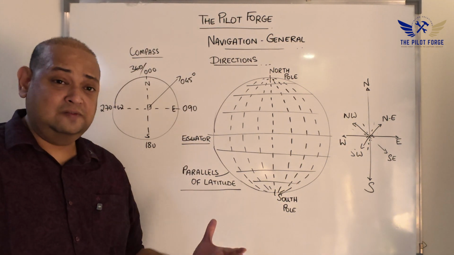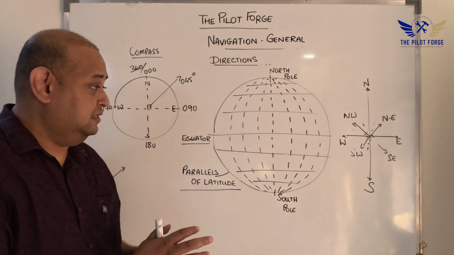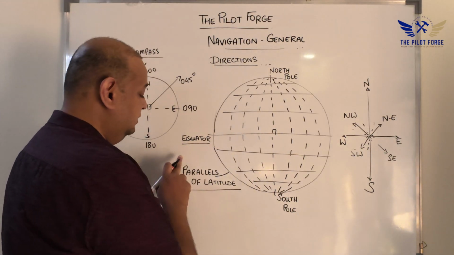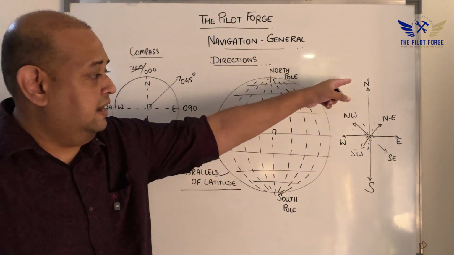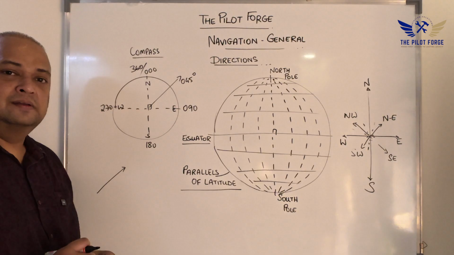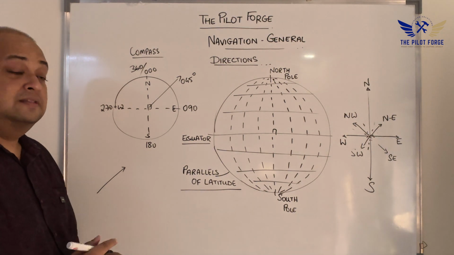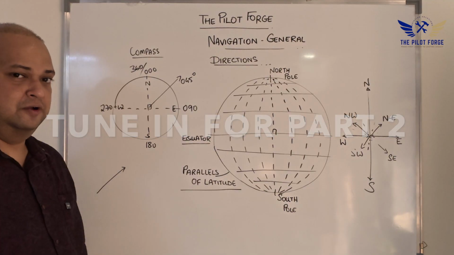We have parallels of latitude parallel to the equator, and because the latitudes and the meridians cut each other at 90 degrees, you literally have the directions placed. You have the cardinal points, the intercardinal points, the sub-intercardinal points, and all of that is represented in continuity on the compass. Life is easy, isn't it? This is the beginning of the first chapter. Let's take a look at the rest of it in another video. Okay?